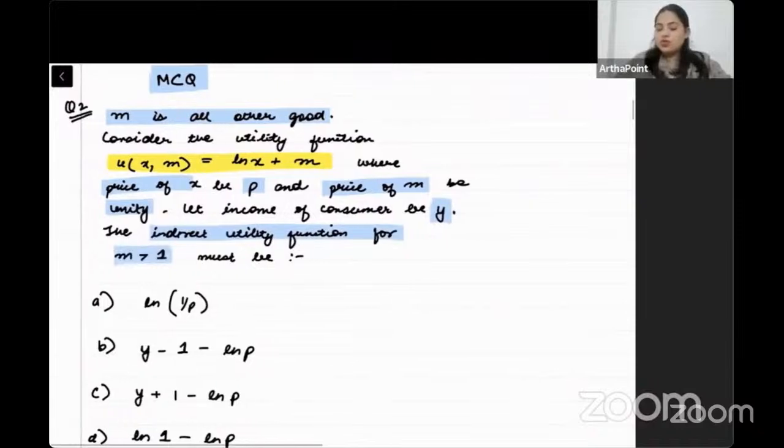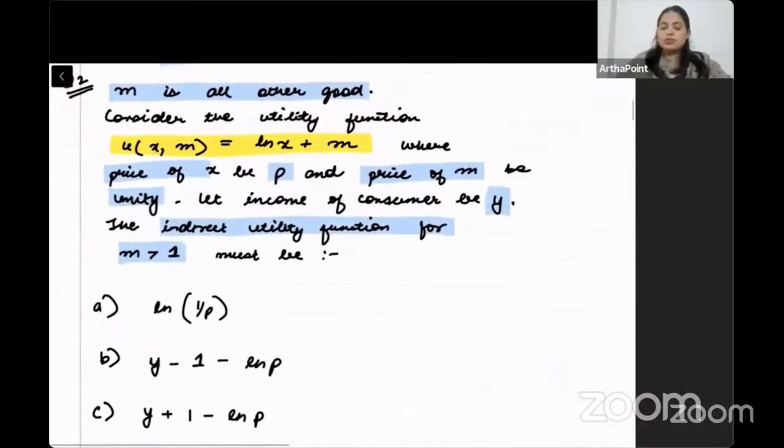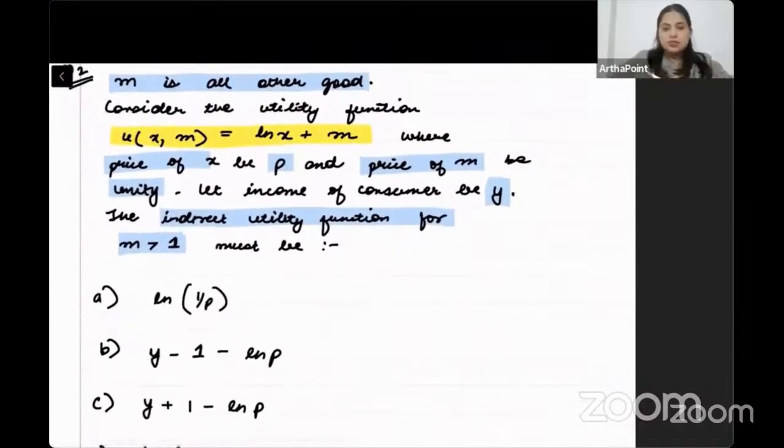Take a moment, try to solve this. I'm giving you a minute. Make sure that you consider every aspect. It is given that M is greater than 1 and you must calculate the indirect utility function.